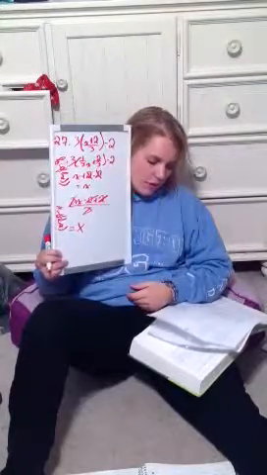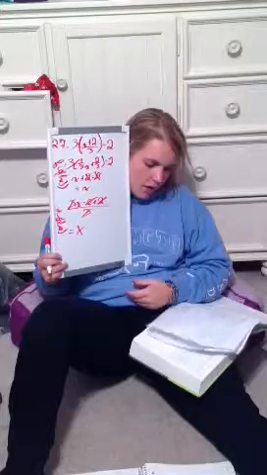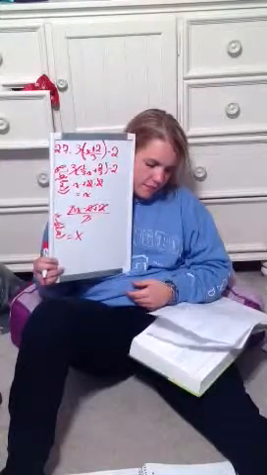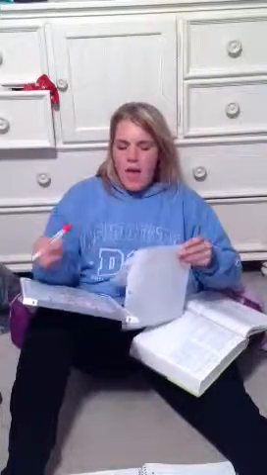This is really easy stuff. I'm not gonna go through 28 and 30. It's basically the same thing. You just plug in f into the x of g and then g into the x of f.